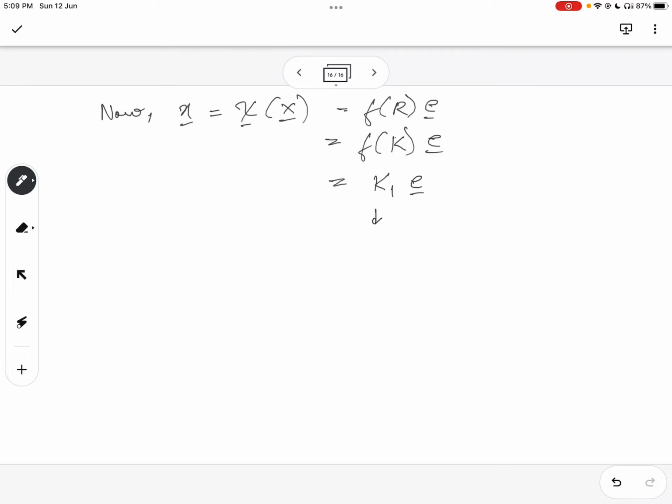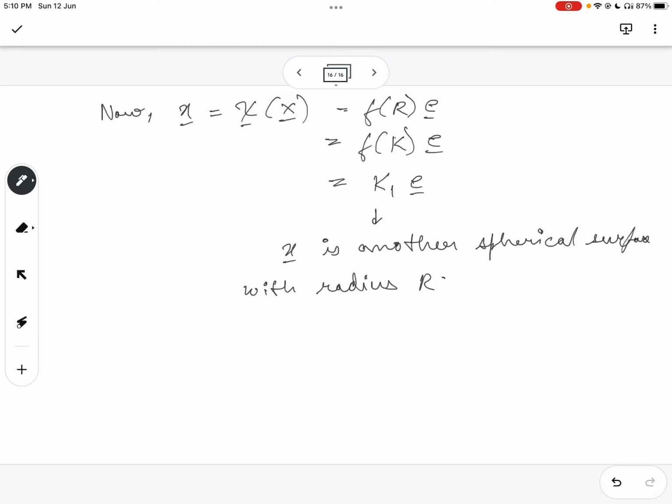So this means that x is another spherical surface with radius r equal to K1, which is f(K).